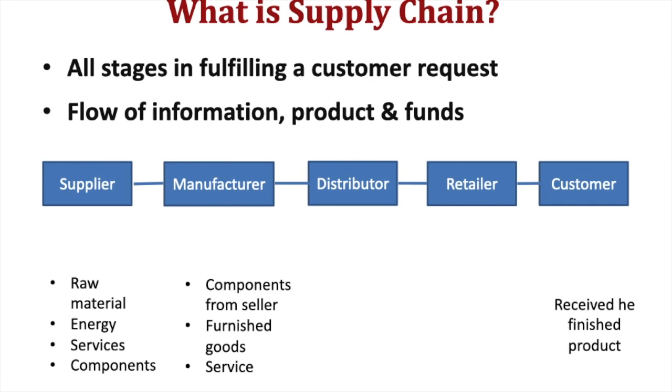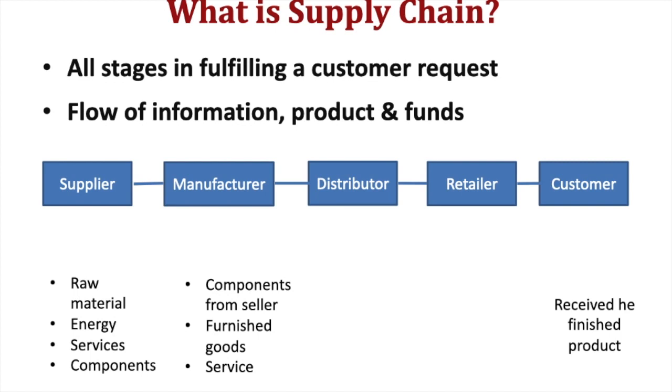Next, I'm going to explain about the supply chain, the importance of supply chain in the management information system. What is supply chain? This is all the stages in fulfilling a customer request, and it also helps the flow of the information of the product and also funds.